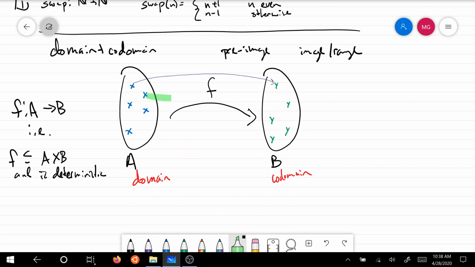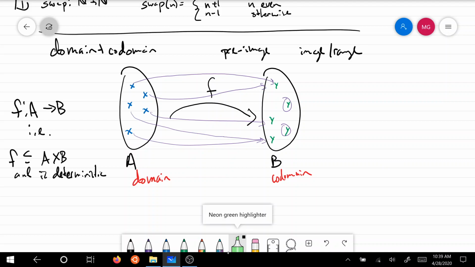Depending on the structure of f, we might get different things. We would hope that everything in A has a definition. You'll notice that not everything in B is hit; some things are lonely, unmapped.